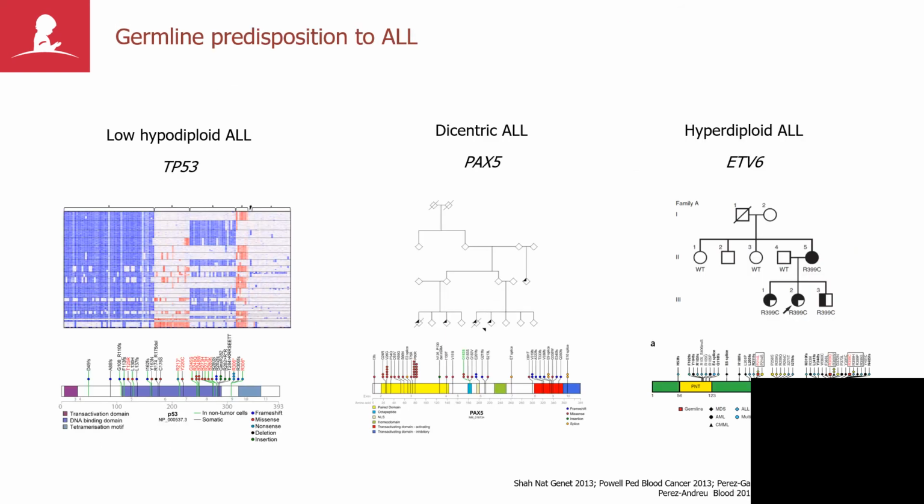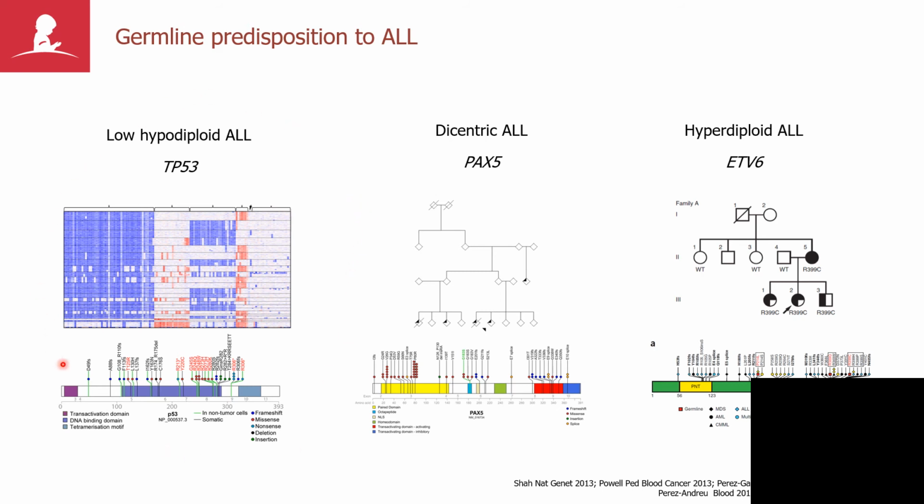So I use this as an example for a couple of reasons, one of which is to highlight the increasing importance of germline alterations in the pathogenesis of ALL. Often these discoveries have been made in certain contexts, but we now see germline mutations are important both in familial leukemia, but also cases that appear to have no family history, sporadic leukemia, and also in specific subtypes of leukemia.